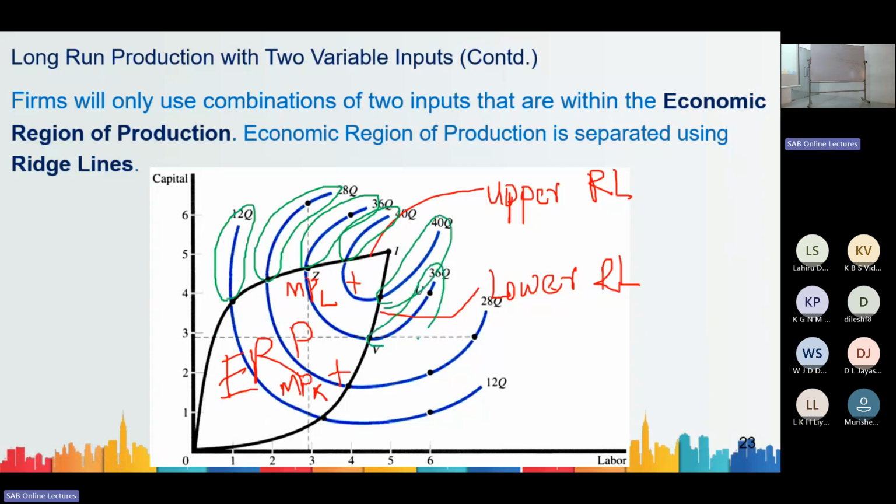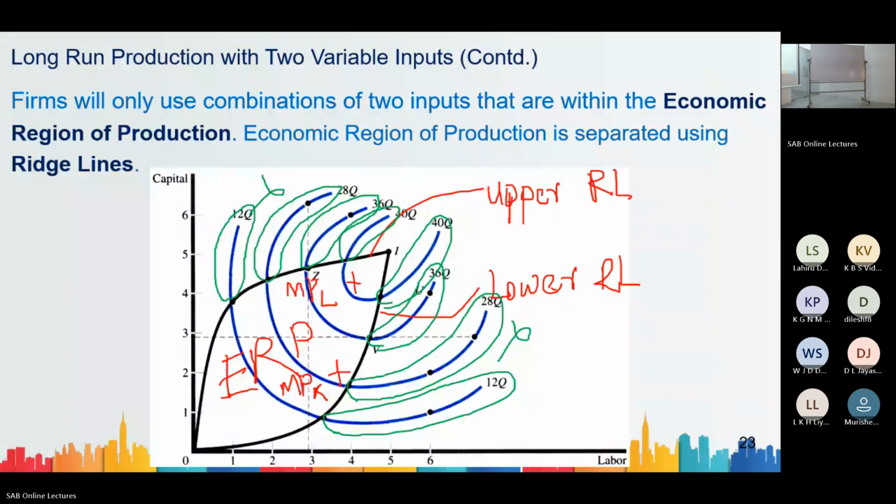These portions of isoquants do not belong to the economic region of production.